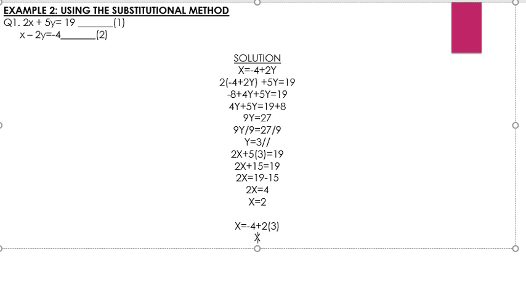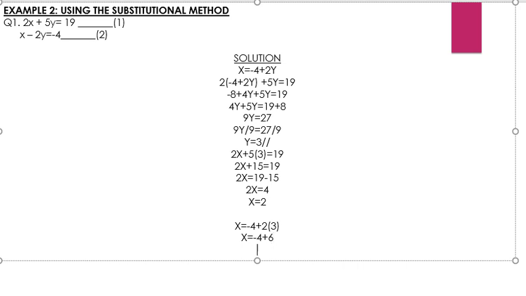So we are left with x giving us negative 4 plus 6, so x is still 2. Our answer is correct. Therefore, when you put the values of x and y in any of these equations, you should get the value on the right hand side.